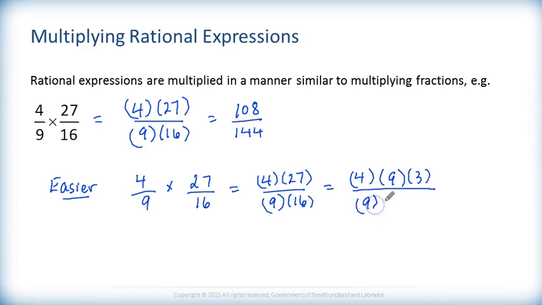The 16 can be thought of as 4 times 4. What's nice about that is the 9 divides into the 9 to get 1, and 4 divides into the 4 to get 1. And we've got 3/4, all while the numbers are smaller and easier to work with.